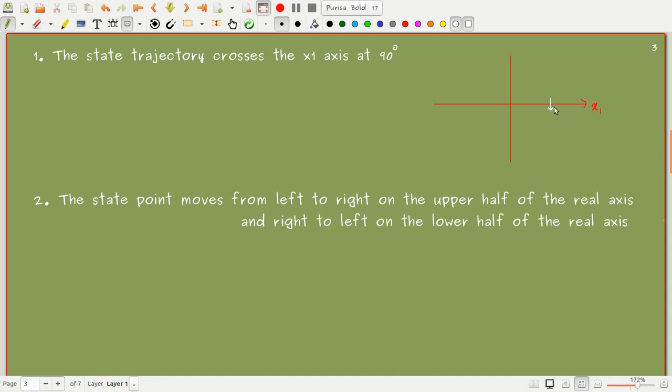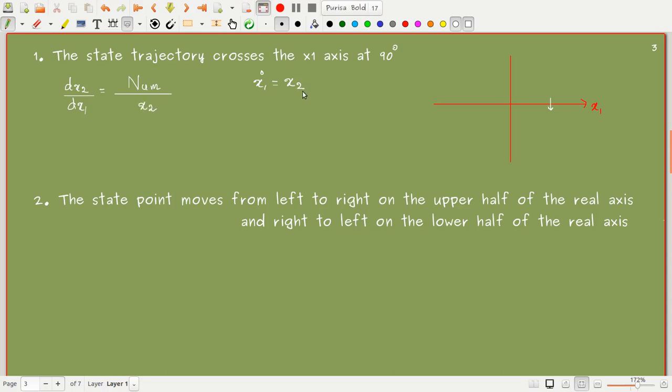So we will try to find out the slope at this point. So what is the slope? dx2 by dx1. Now x1 dot is always equal to x2. This is how we have represented the phase variables. So whatever value we have in the numerator, the denominator would be x2.